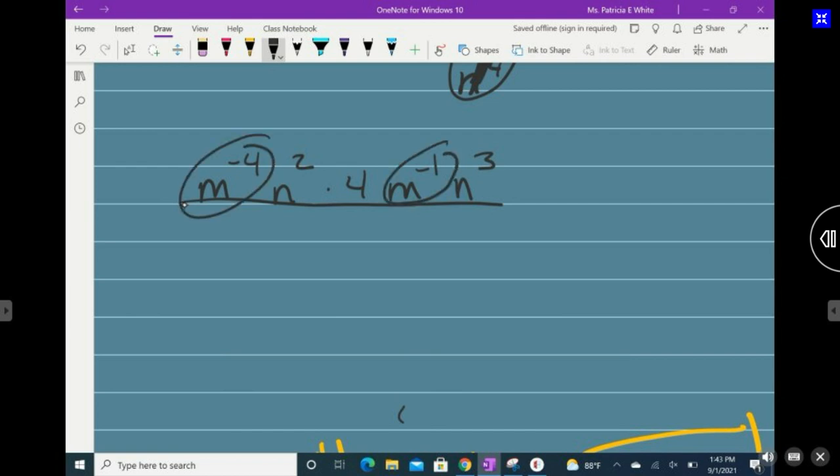So that means I have a 4, n to the second times n to the third, m to the fourth times m to the 1. I'm not done because I still have those same letters showing up more than once. 4, what?